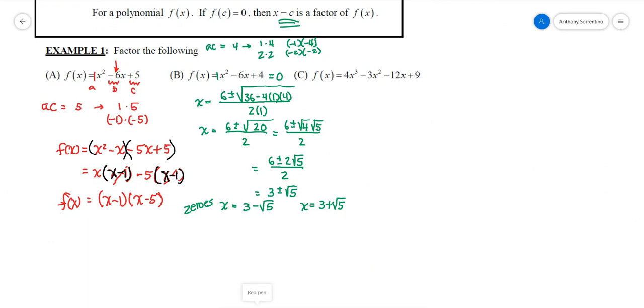So the factors for b would be x minus 3 minus square root 5 and x minus 3 plus square root 5.